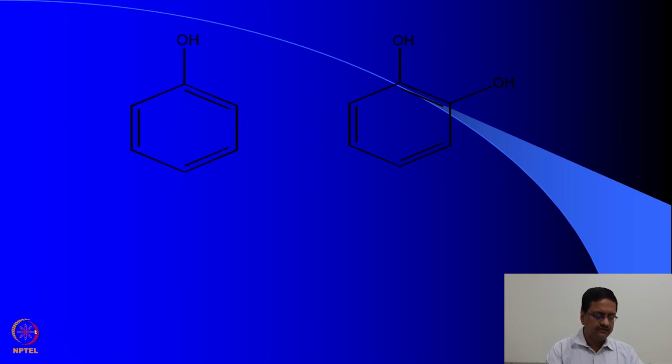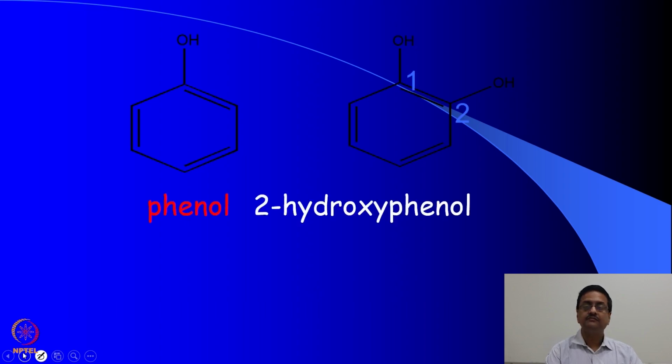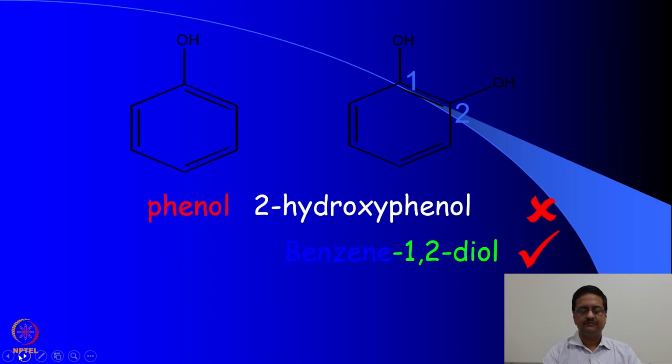One is phenol and the other one is 1,2-dihydroxybenzene, not 2-hydroxyphenol. Why is that? Because when you try to write the name, you cannot give one priority over the other if the functional groups are same. So, we write it as benzene-1,2-diol or 1,2-dihydroxybenzene and not 2-hydroxyphenol.